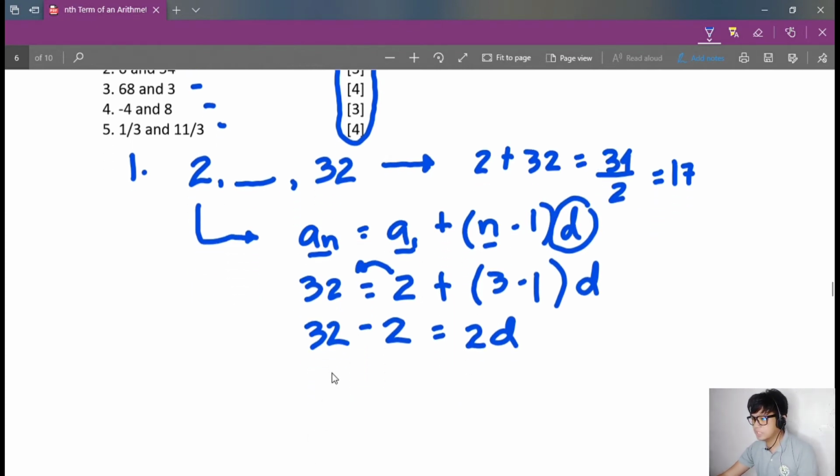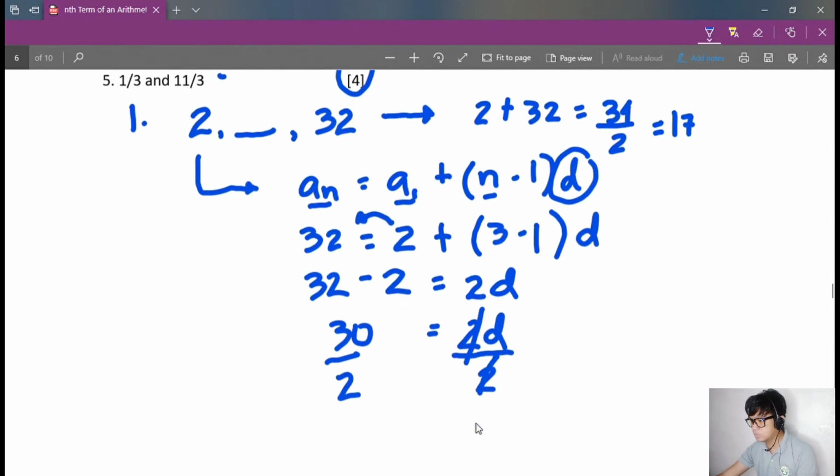So next, 32 minus 2 is 30 is equal to 2d. Since d man ang hinahanap natin para maalis itong 2 dito, we will divide both sides by 2. So, 1 na lang ito or cancel na yung 2 dyan.